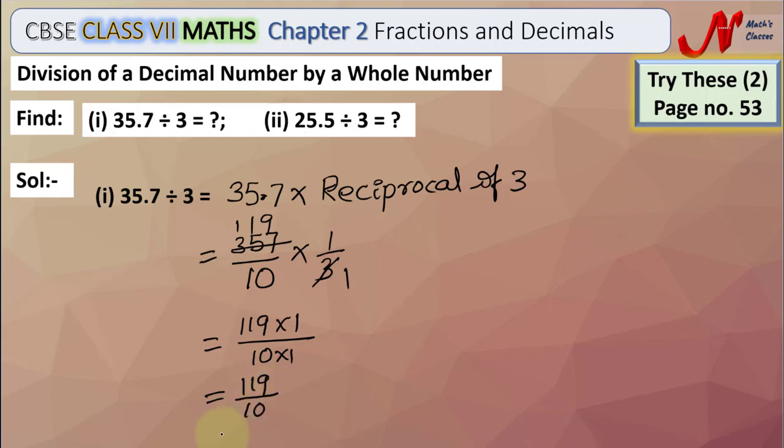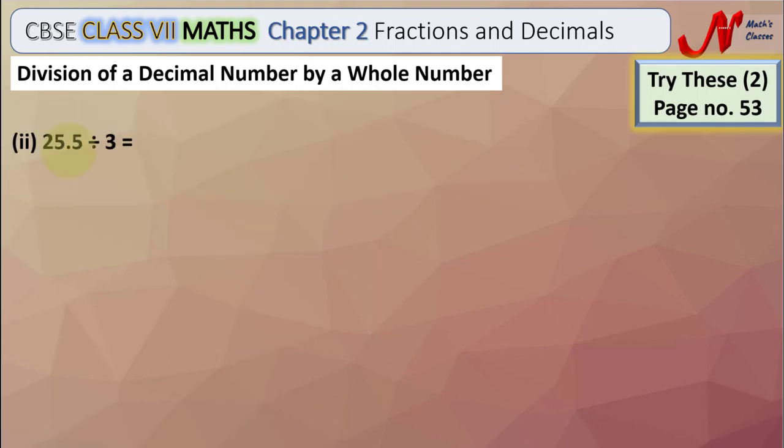In denominator we have 10, so in final result from right to left we keep the decimal point after one digit. Therefore 35.7 divided by 3 is equal to 11.9.